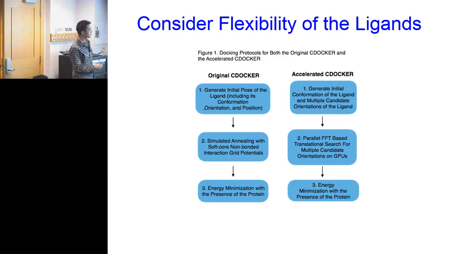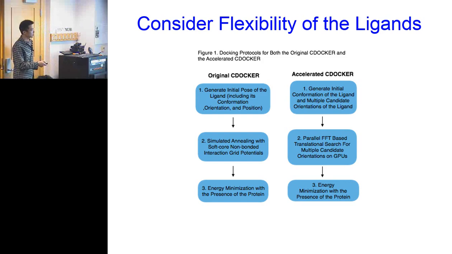This is our new protocol with our FFT accelerated procedure. Basically, what we did is, same as the original CDocker, we generate the initial conformation of the ligand, and we generate multiple candidate orientations of the ligand. Because our FFT only works for a specific conformation and specific orientation.